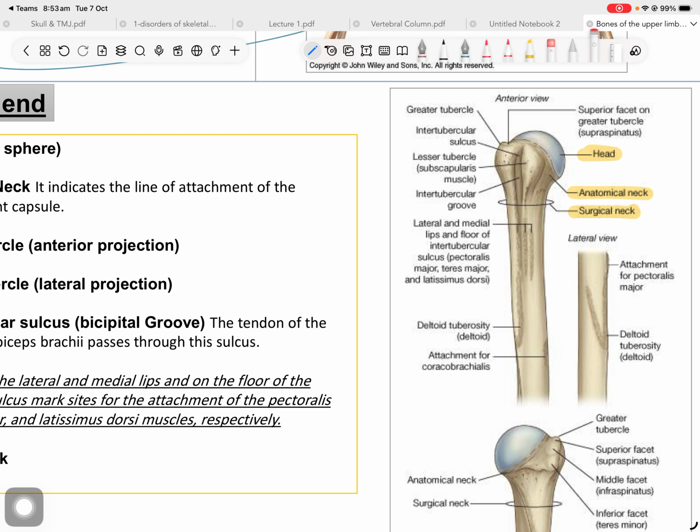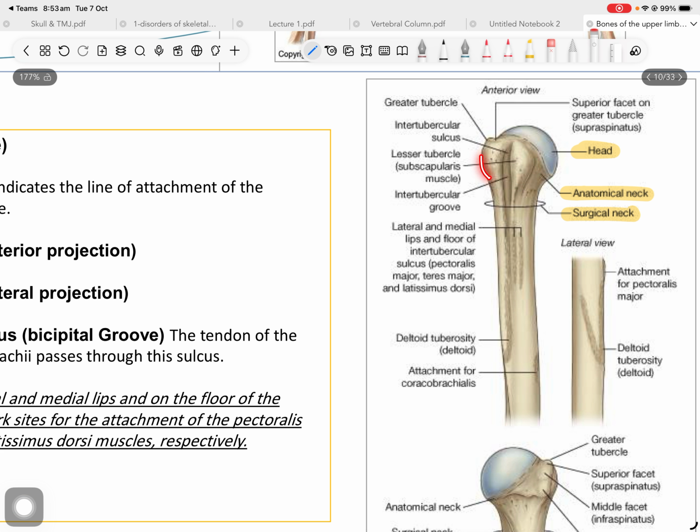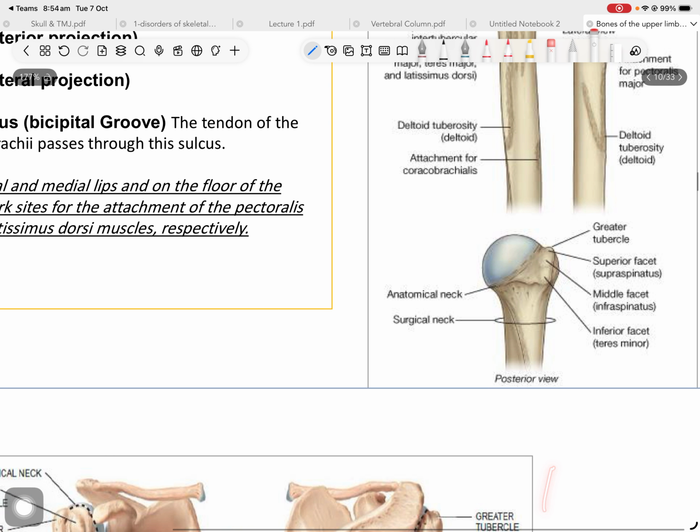Then we have tubercles here. Laterally, I have the greater tubercle. Anterior to it, I have a smaller tubercle. We call it the lesser tubercle. Okay? So if I look here, this is the lateral tubercle, which is the greater tubercle, and anteriorly I have the lesser tubercle.